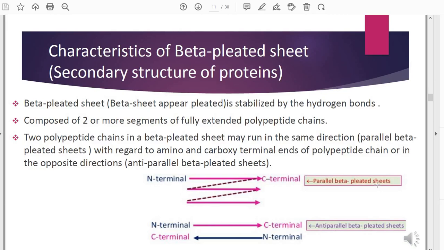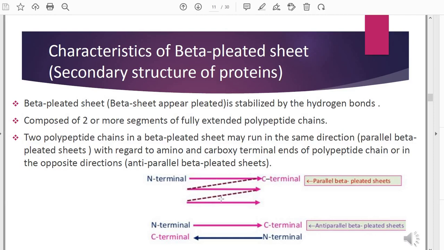So the first type is the alpha helix. We are still in the secondary structure, or second level of the protein structure. We talked about alpha helix. This is the second type, the beta pleated sheets. Beta pleated sheets are stabilized also by hydrogen bonds. They are composed of 2 or more segments of fully extended polypeptide chain.